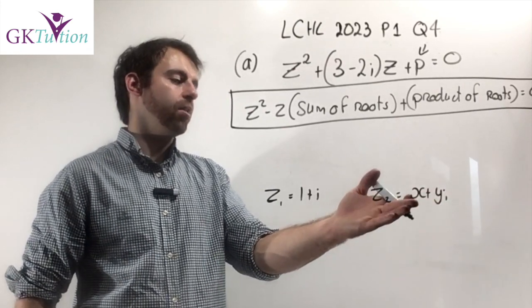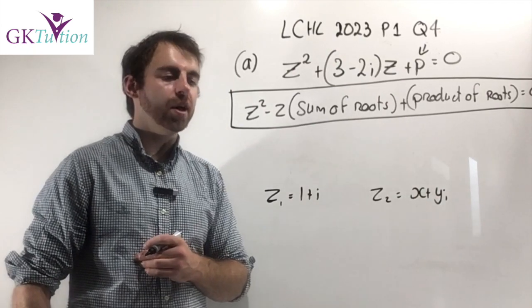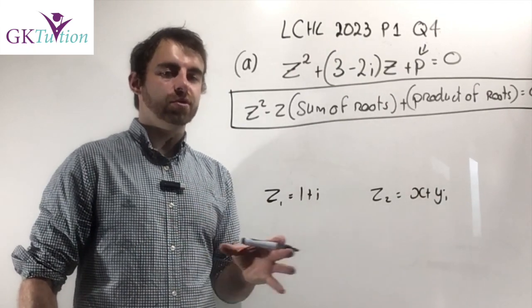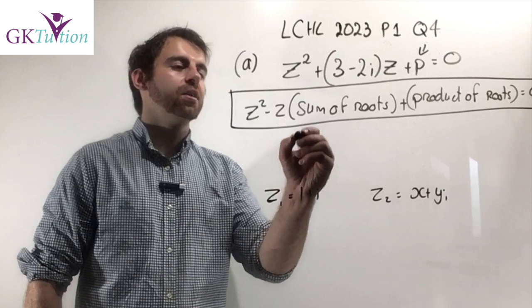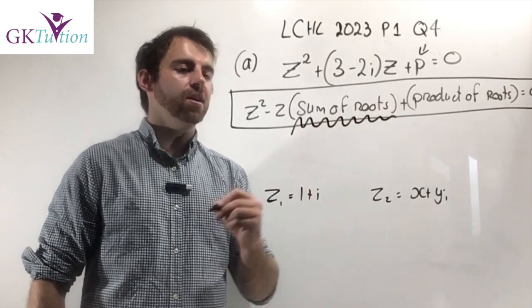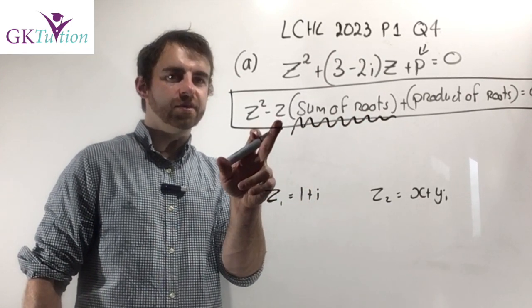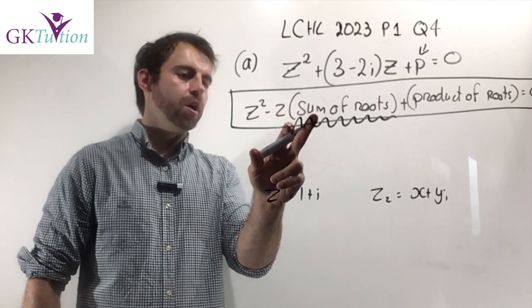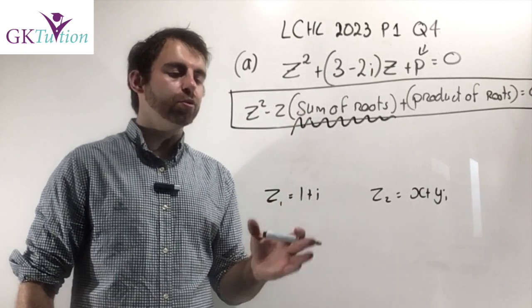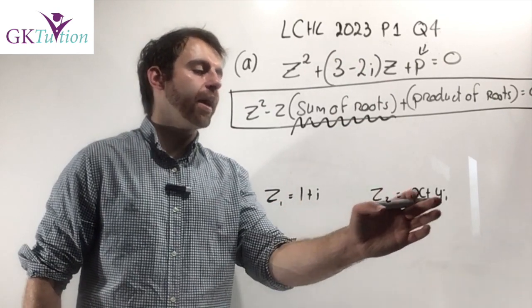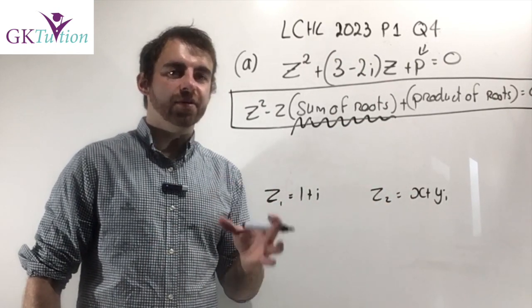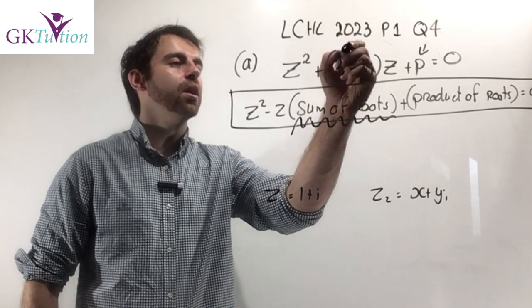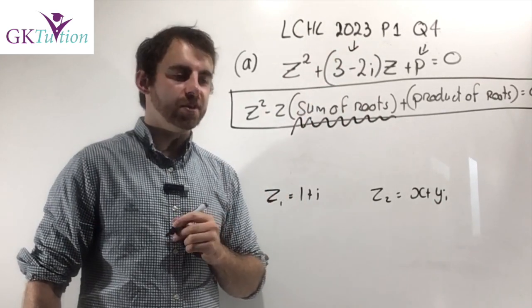So I want to find the value of x and the value of y so I can tell what both of the roots are. And the way we're going to do that is using this piece here. The coefficient of z is minus times the sum of the roots. So if the roots of my quadratic are 1 plus i and x plus yi, I'm going to be able to figure out what x plus yi is because I know what the coefficient of z is.